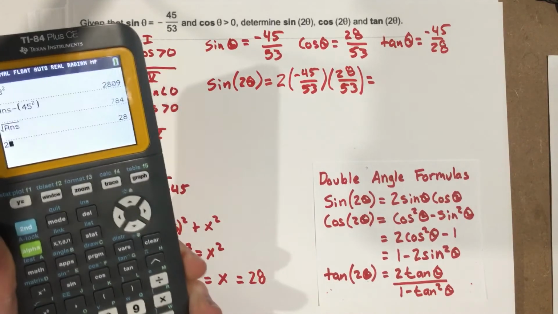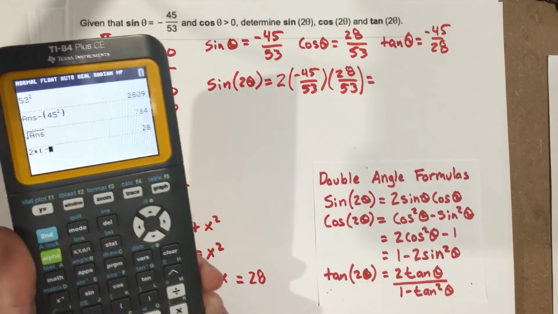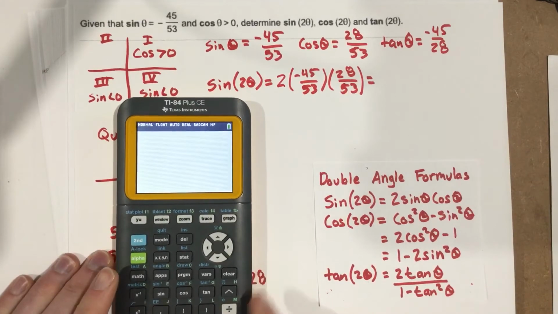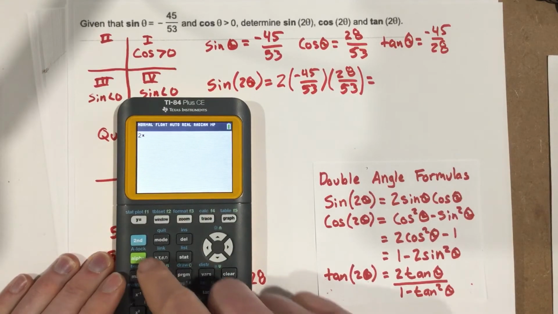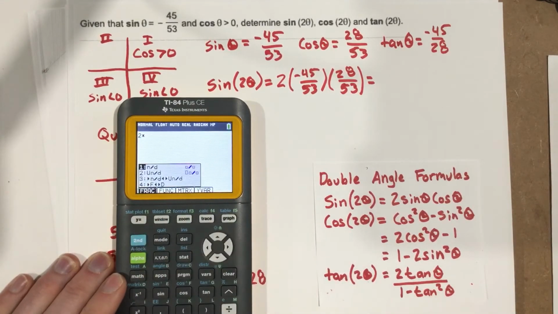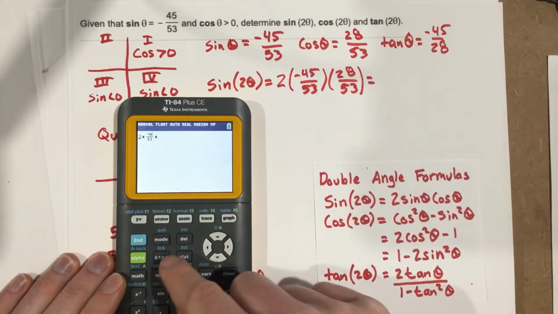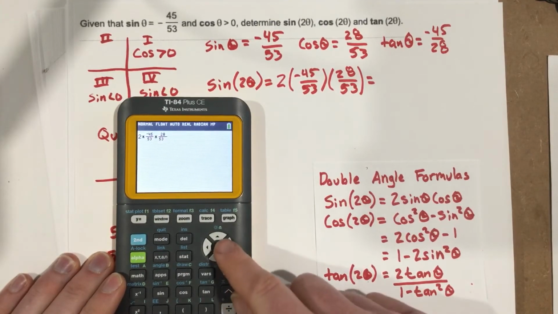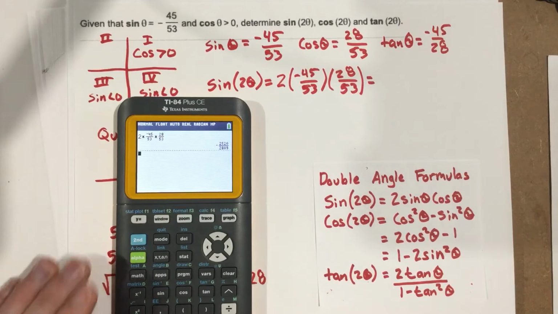Actually, I'm going to use some fractions here, so let's do this again. We're going to do 2 times negative 45 over 53 times 28 over 53. This will be nice because it'll reduce it all for us.